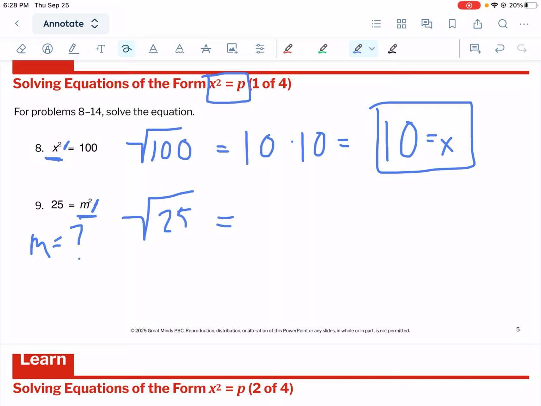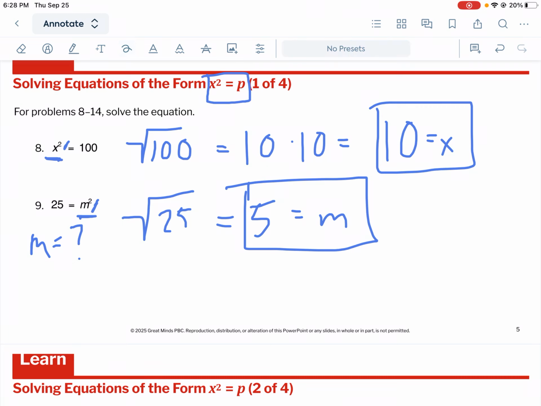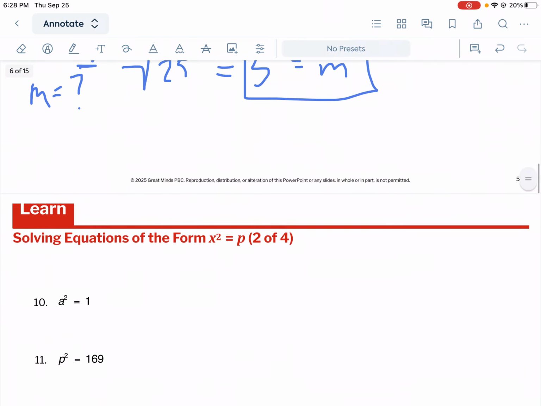I know off the top of my head that the square root of 25 is 5. So m equals 5. If you ever need to verify or solve, depending on how large the number is, you can just plug the same thing into your calculator. You'll get the exact same answer. That's how we solve those.